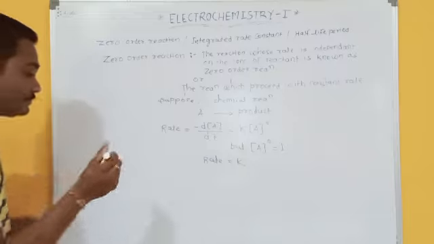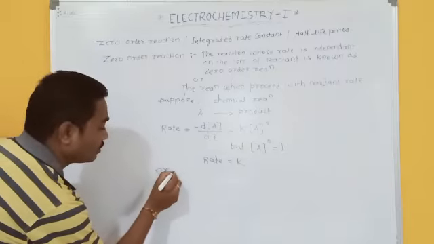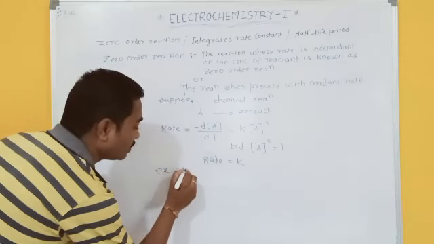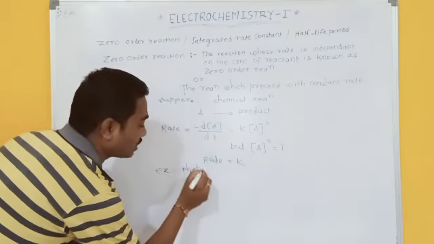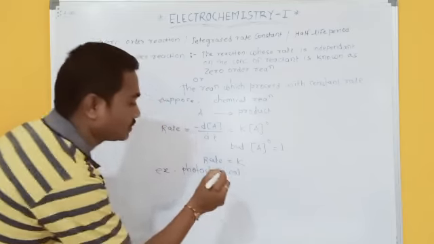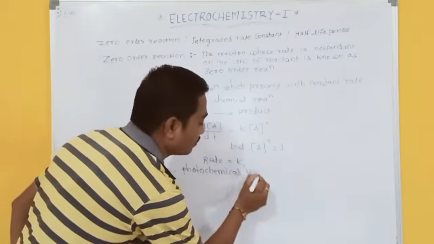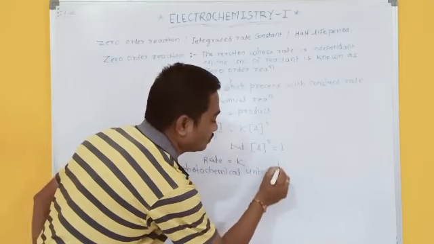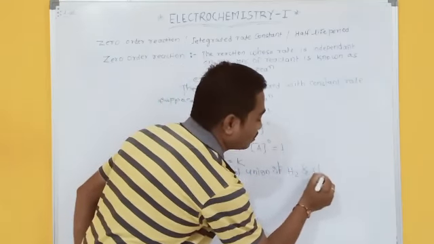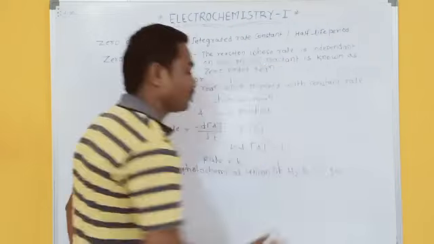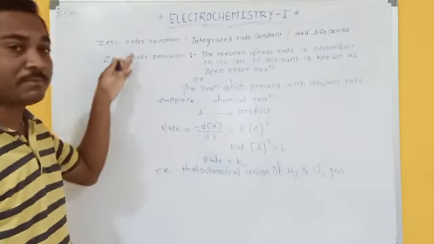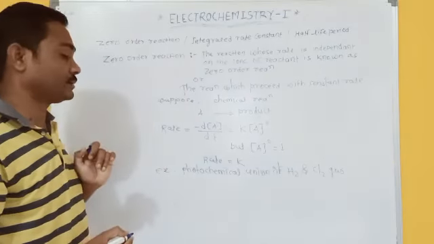For example, the photochemical union of H2 and Cl2 gas is an example of a zero order reaction.